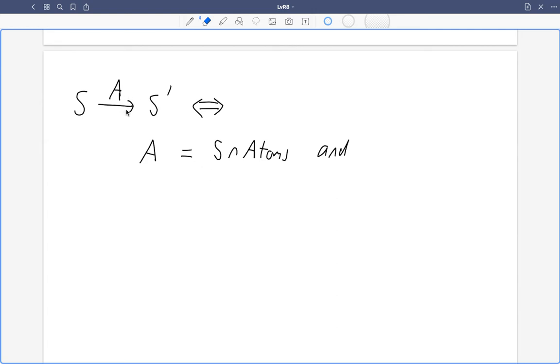Now the point is, we want to say we have a transition if it is legitimate, given the properties that hold at S, for us to move to a state with properties S prime as the next step.